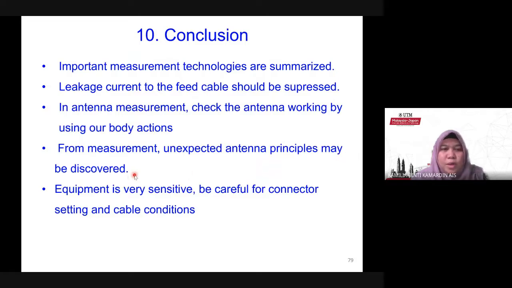That's why sometimes we do not actually get a similar result to the simulation. So we have to do measurements a couple of times because there might be some losses from our setup. Another thing, the equipment for antenna measurement is very sensitive, so we have to be careful with the connector setting, cable condition, and so on.